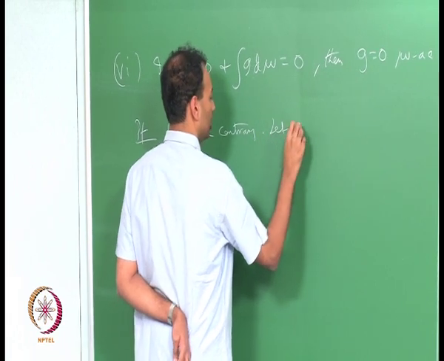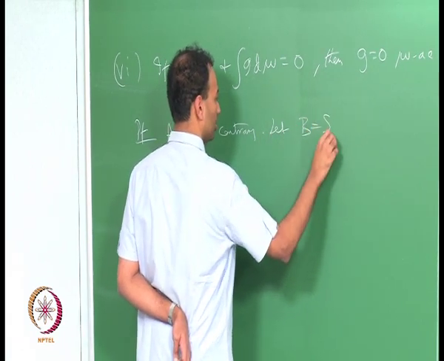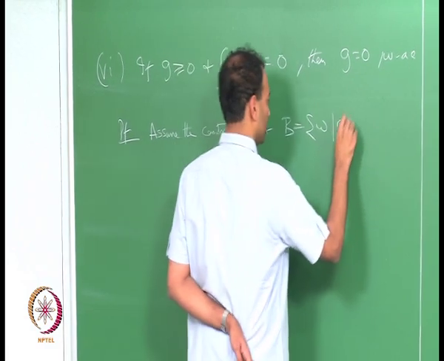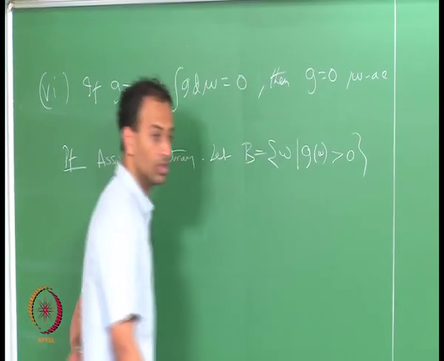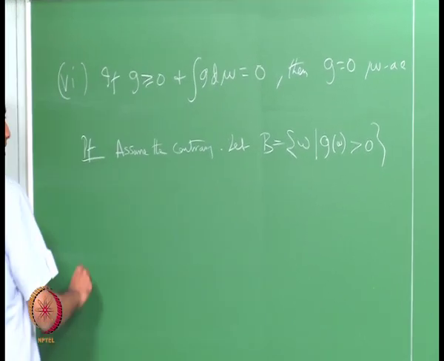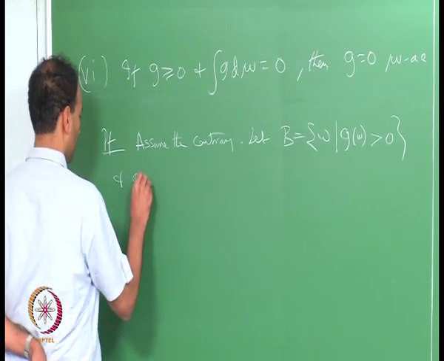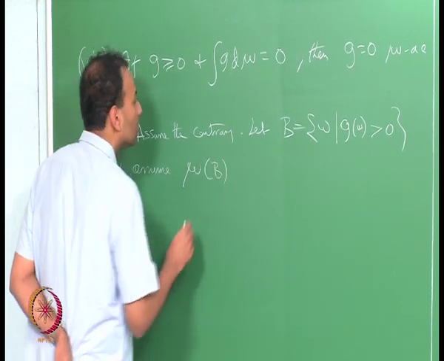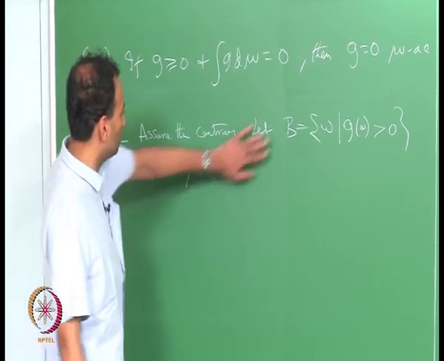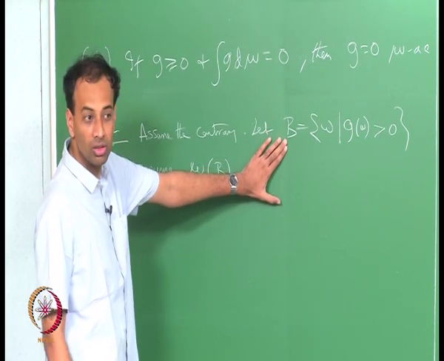Let B be the set where g of omega is strictly bigger than 0, and assume mu B is not 0. You want to prove that mu B is 0.